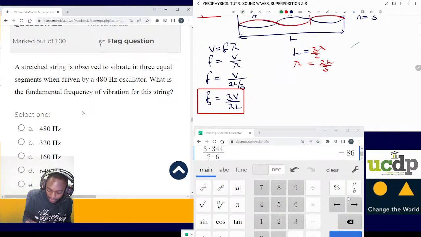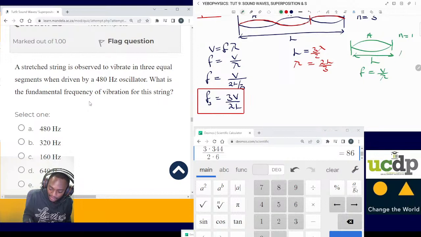Now I just want to see what is the condition for the fundamental mode. So for the fundamental mode, this is our length again, and we've got one antinode, which means n is equal to 1, and our frequency is equal to v over lambda.